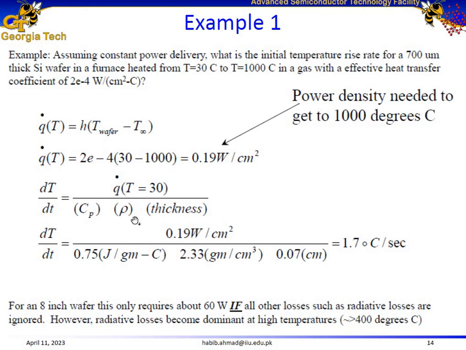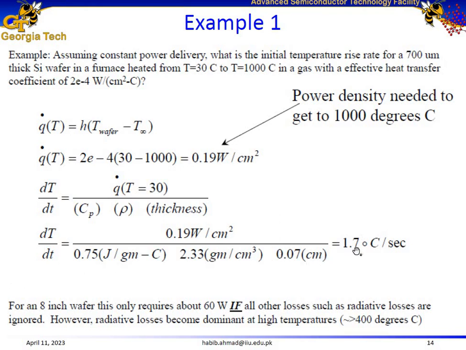Now here is a formula for the rate of rise of temperature. You've got to remember this formula, which is equal to the heat flow per unit area in watt per centimeter square divided by the specific heat coefficient of silicon, which is 0.75, times the density of silicon, which is 2.33. These are material parameters. Then times the thickness of the silicon wafer, which is 700 micrometers, and you have to convert it to centimeters.